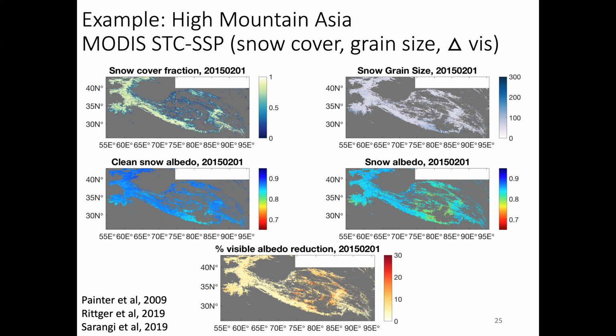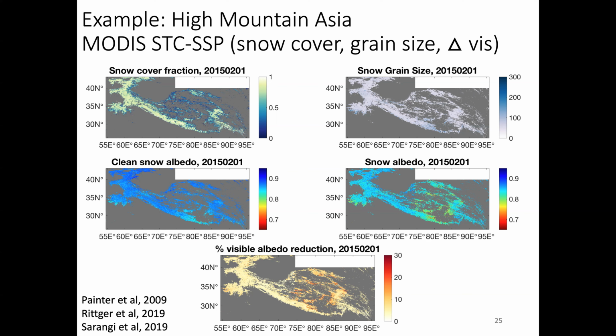Using snow grain size, we can estimate the snow albedo, which is in the left center. At the bottom is an estimate of how much additional energy from the sun as a percent is absorbed by dust or light absorbing particles on the snow. Using this, combined with the clean snow albedo, we can estimate the actual snow albedo, which is on the right center.